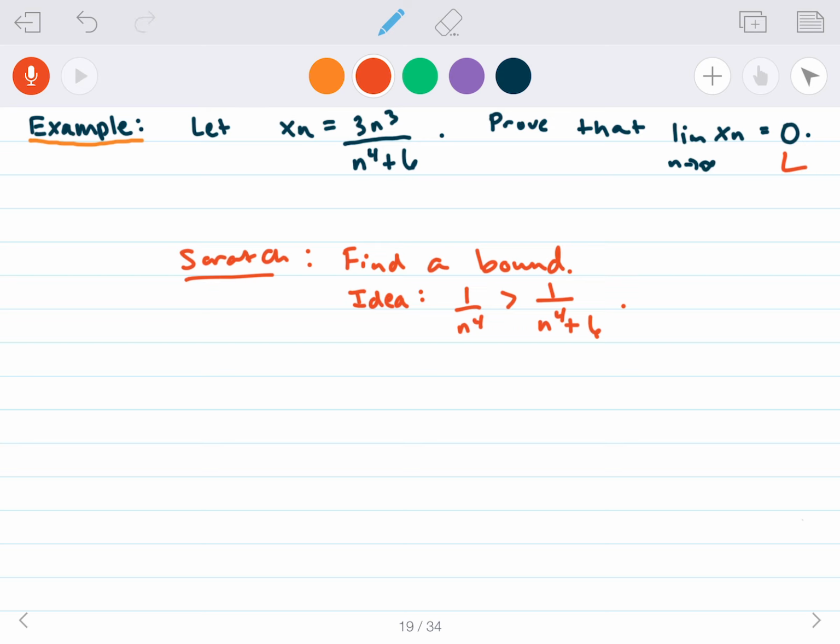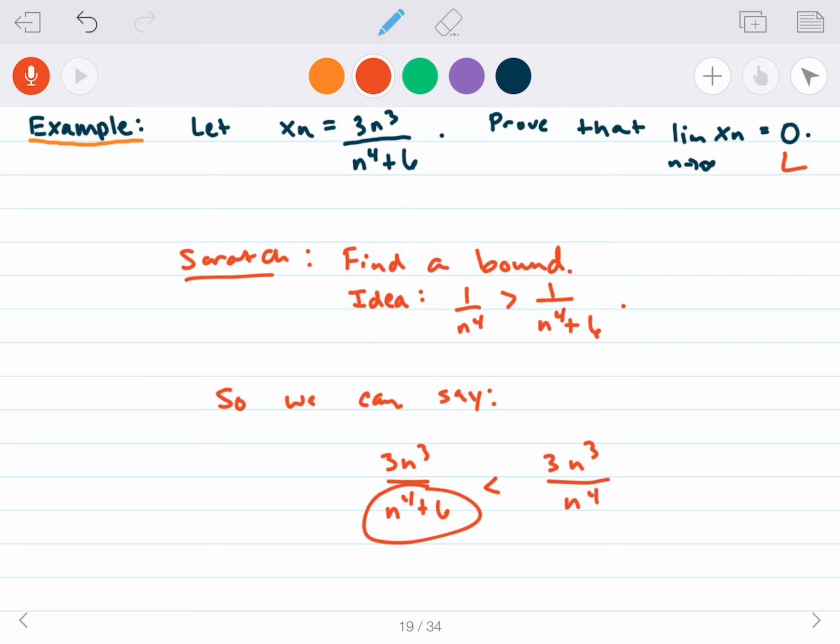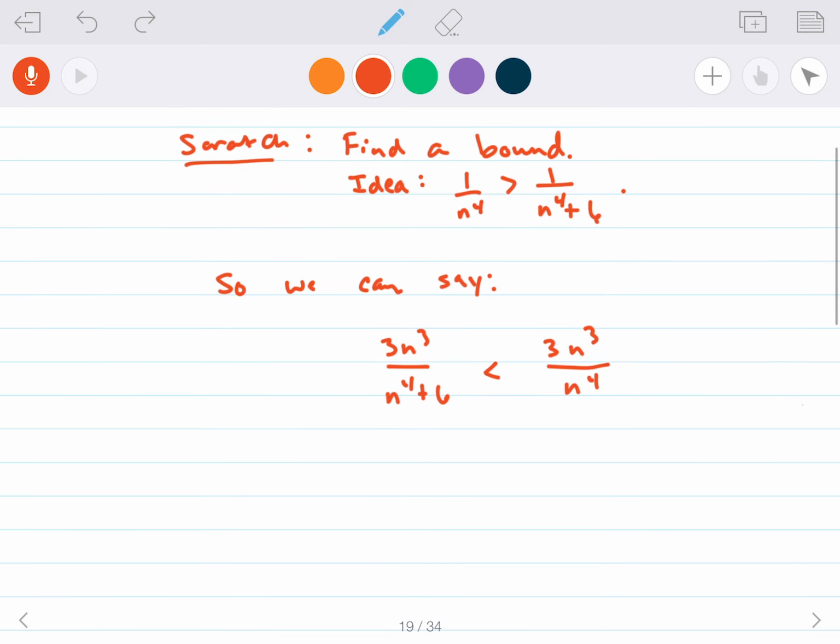And so here's the idea. And so what we can say is that 3n cubed over n to the 4 plus 6 is actually going to be smaller than 3n cubed over n to the 4, right? Because adding something to the denominator is going to make the result smaller. That's a very big idea that always is coming up.